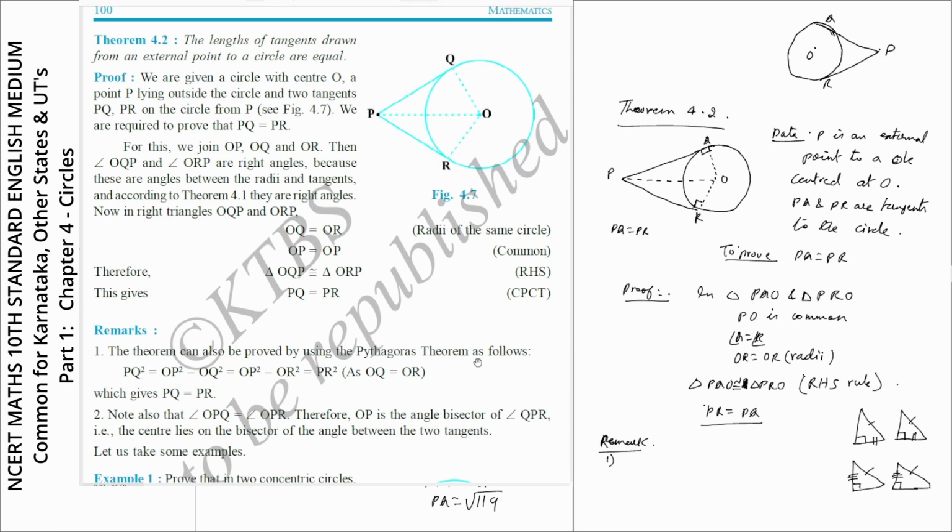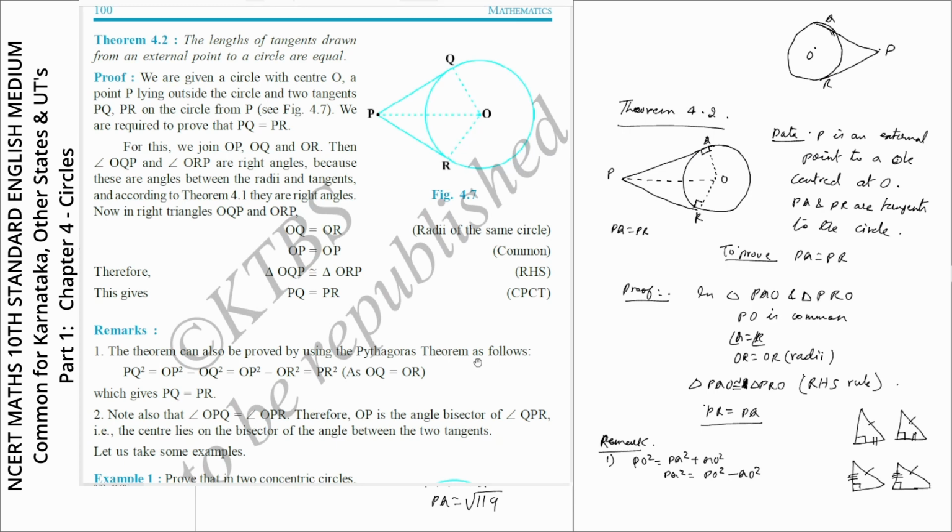Therefore, the square of the hypotenuse, PO square, is equal to PQ square plus QO square, or PQ square is equal to PO square minus QO square.